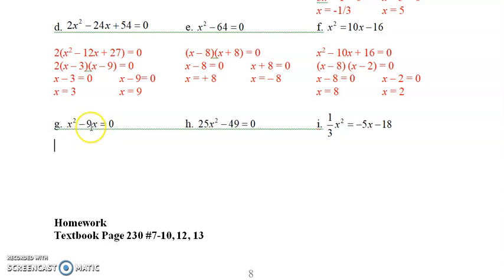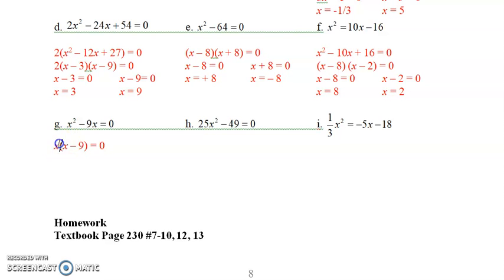Next down here we have an interesting question. This is one I find comes up quite a bit where the y-intercept is 0. So what you need to do is factor out a GCF of the first two, which is just x, right? So we have x, and then bracket x minus 9, equal to 0.